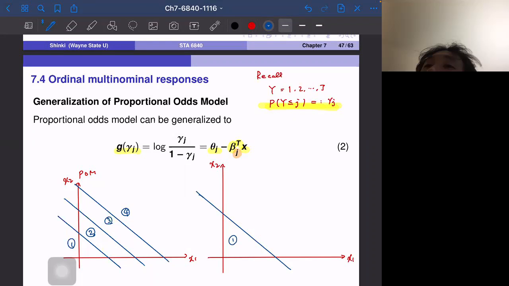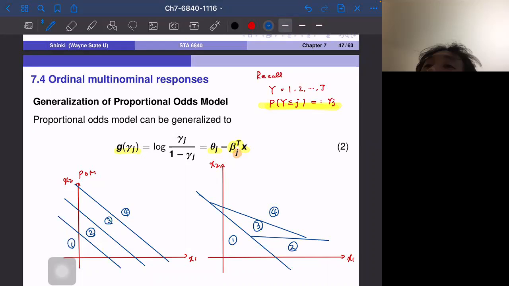So this is 1, this is 2, this is 3 and this is 4. This kind of criterion is possible. It's a little more general, but the expense is that we have more and more parameters.